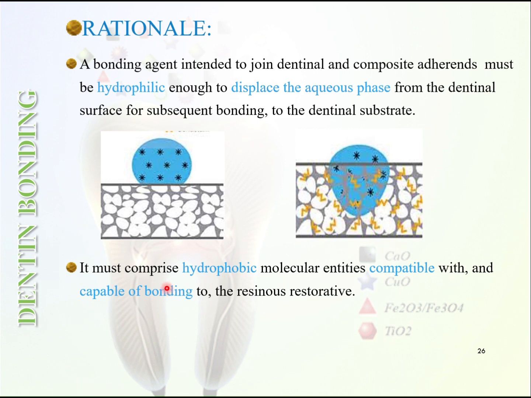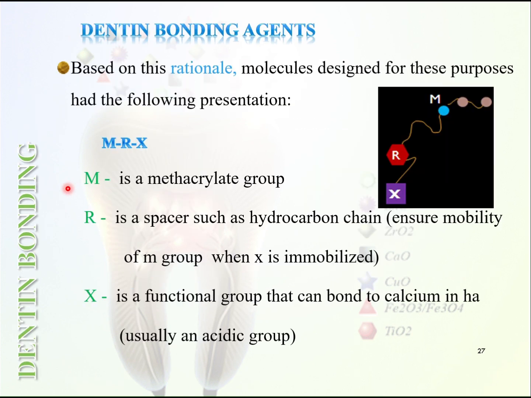So it should contain both hydrophobic and hydrophilic agents. So they came up with something called MRX. So what is MRX? M is the methacrylate group, that is hydrophobic. R is the one which combines both hydrophobic and hydrophilic substance, and X is a functional group which is hydrophilic.